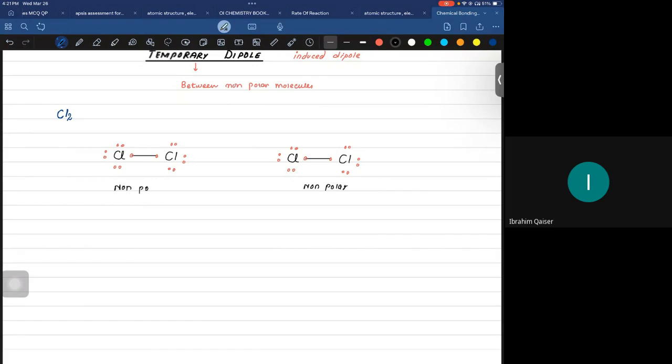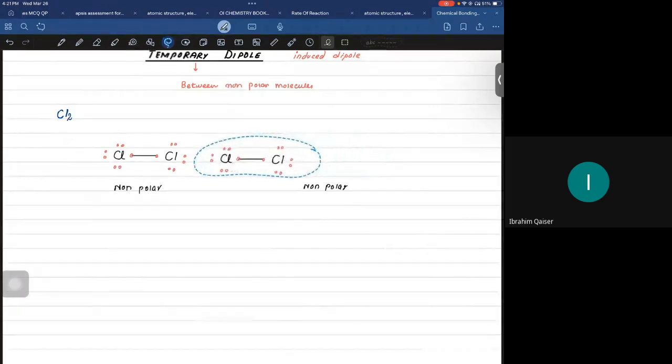But when they approach each other and come close to each other, as a result of repulsion, these electrons are going to repel each other.